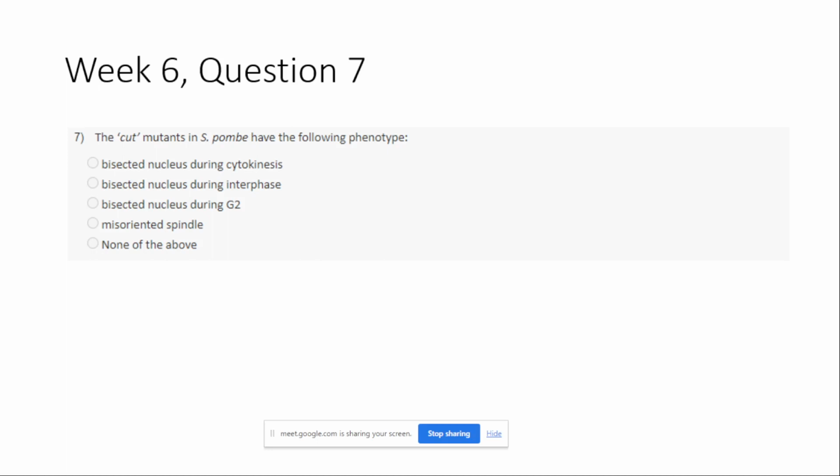After the cell division, when the cytoplasm is divided in the process of cytokinesis, you will find the fragmented DNA, which is also known as the cut mutant phenotype. So that's why bisected nucleus during cytokinesis is the right answer.